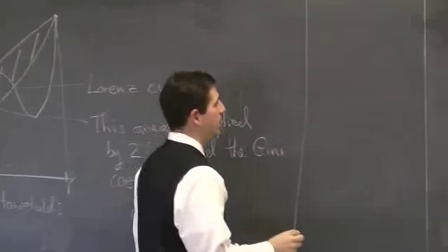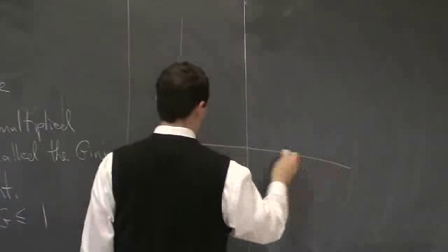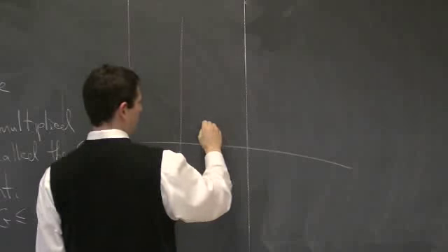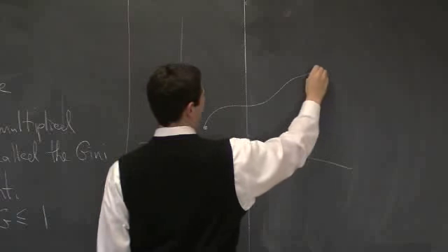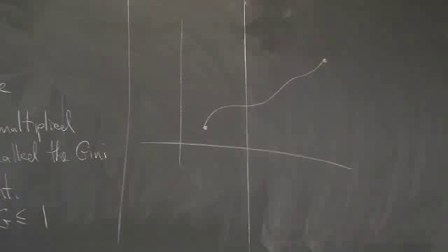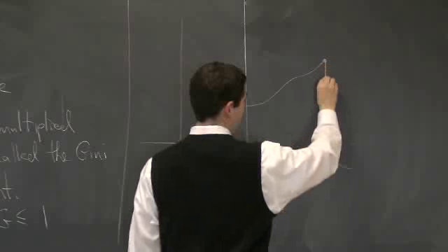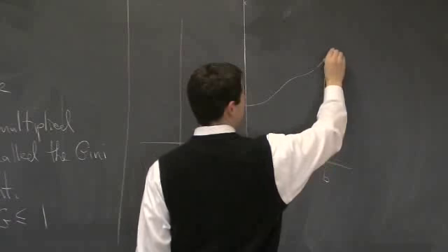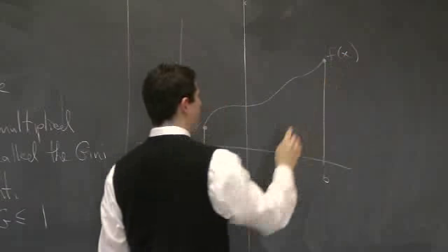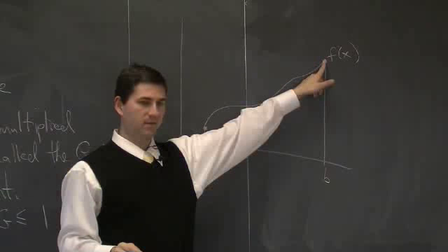Okay, so here's the situation. I have some function, and it kind of snakes around like this. And instead of asking what the area under the curve between A and B is, I actually want to know the length of this line.